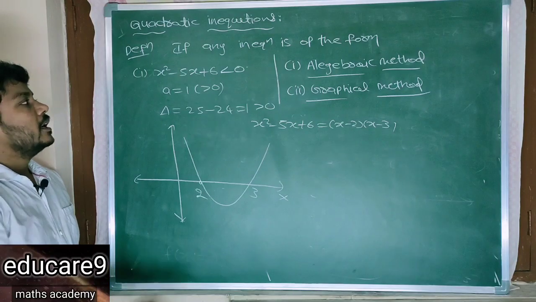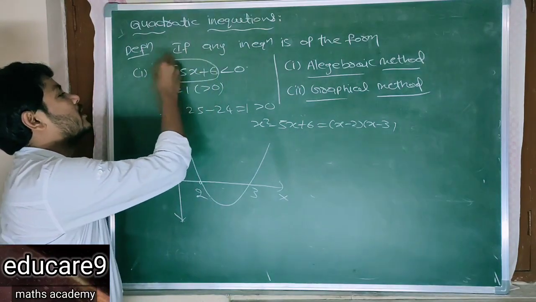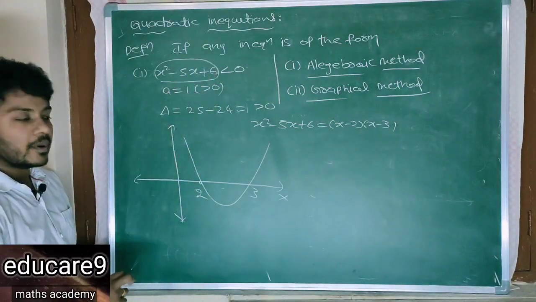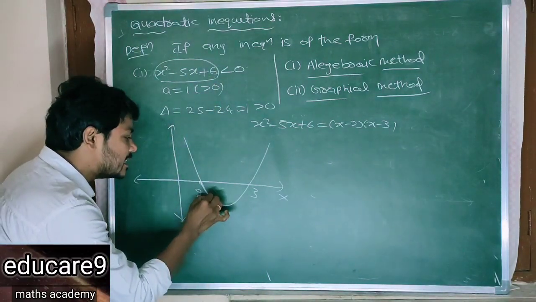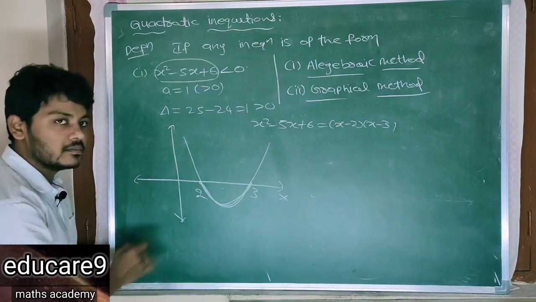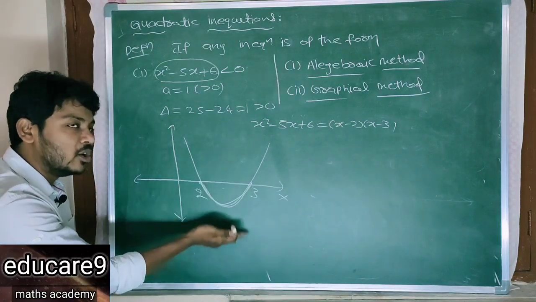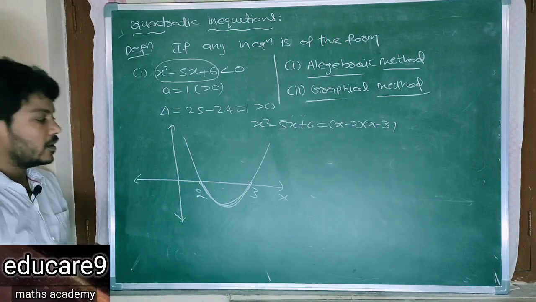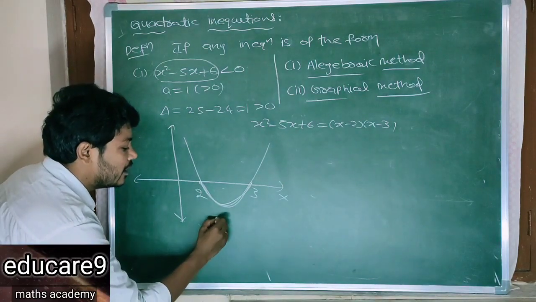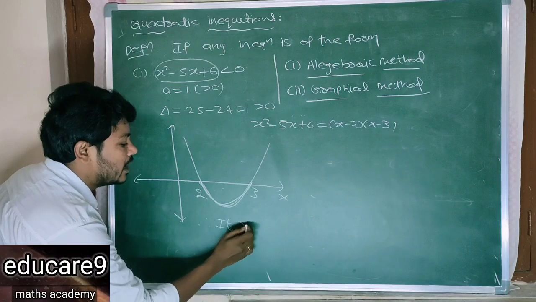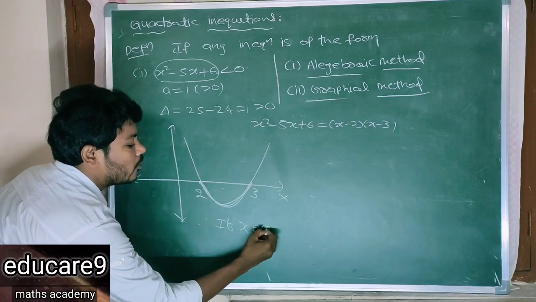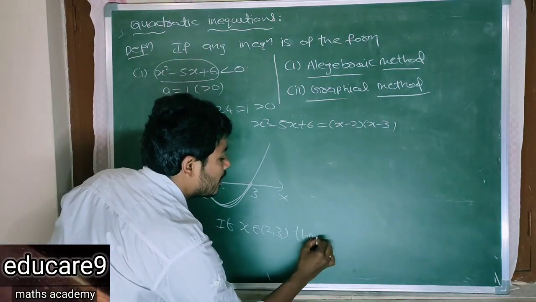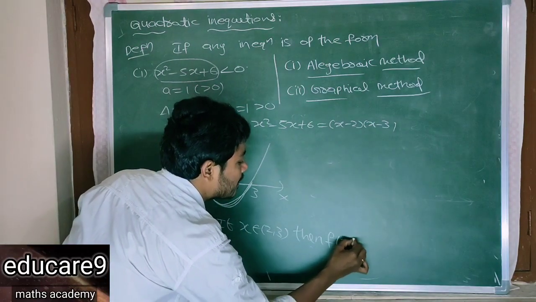See here, you want the expression less than 0. Clearly, if x lies in the interval 2 to 3, the graph lies below the x-axis, meaning f of x is negative. Therefore, if x belongs to the open interval 2 to 3, then only f of x is negative.